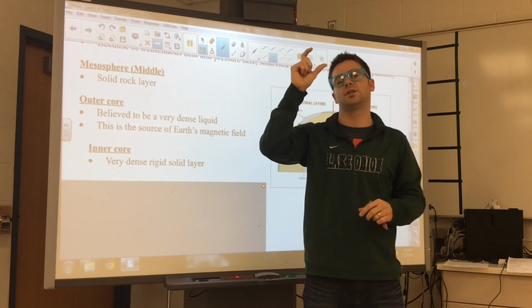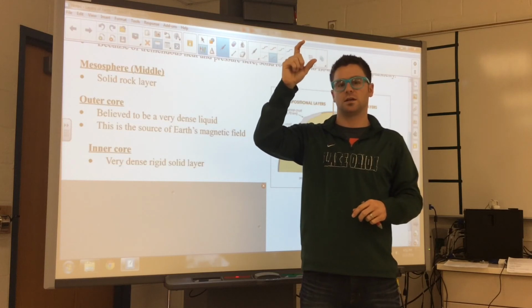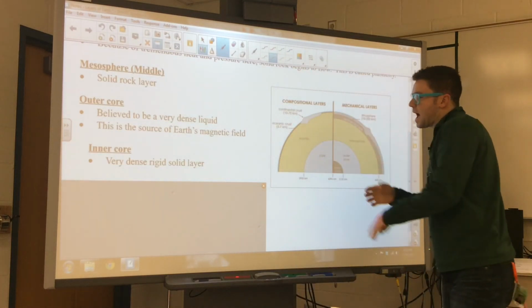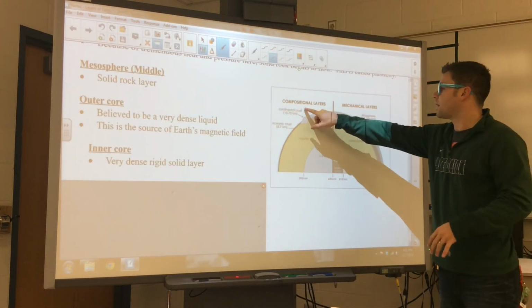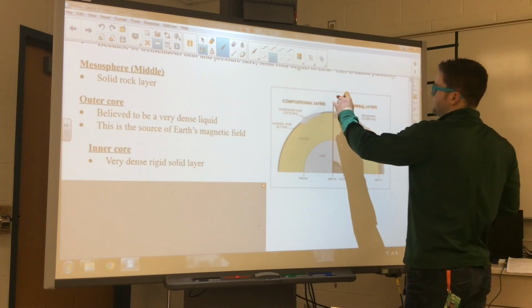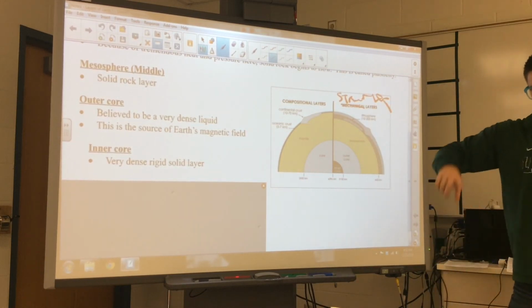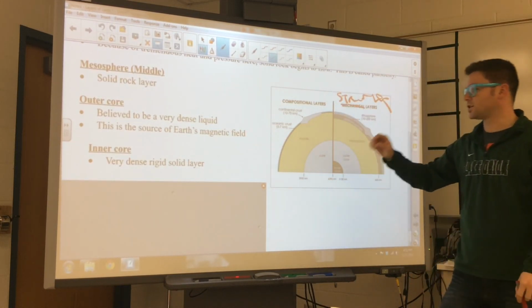And then we've got the rigid upper portion of the mantle and top crust, which is the lithosphere. Right? So these pictures give you the compositional layers, mechanical layers, same thing. Mechanical means structural, right? So the structural layers, compositional layers.